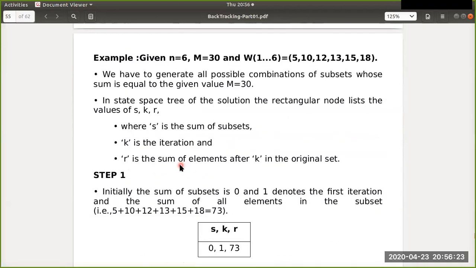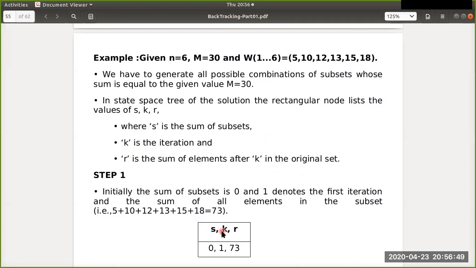You need to know 3 terms. One is S, the sum of the subset. K is the iteration, and R is the sum of the elements after K in the original set. Initially, the sum of the subset S is 0, and K is the first iteration. The first level is always the first iteration, the second level is the second iteration.